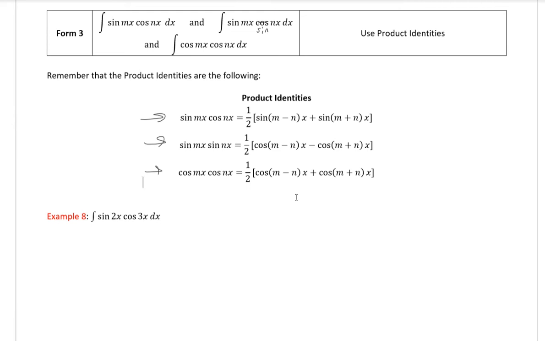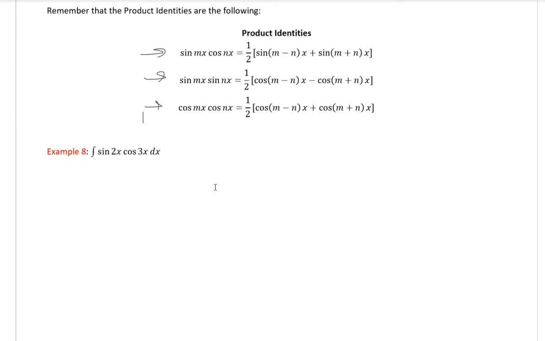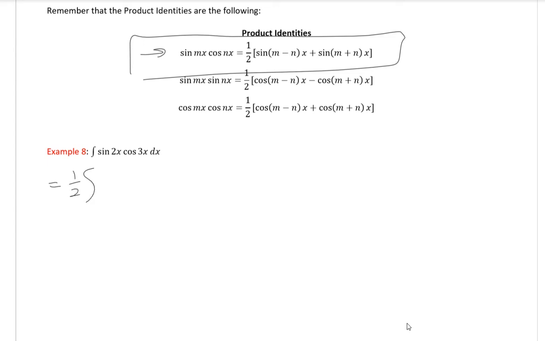All right. As an example, we have sine of 2x, cosine of 3x. Since this is sine and cosine, that means we're dealing with this first instance, sine times cosine. All I'm going to do is simply replace this with the product identity. I could pull the 1/2 outside the integral, but then I get the integral of sine of m minus n, which in this case m is the one on sine, n is the one on cosine.